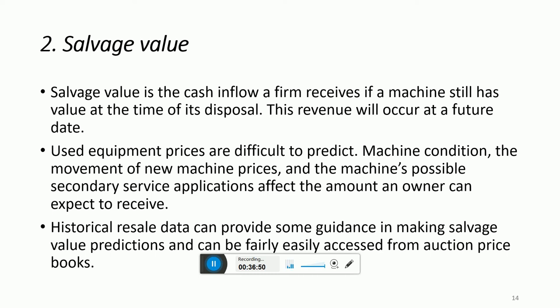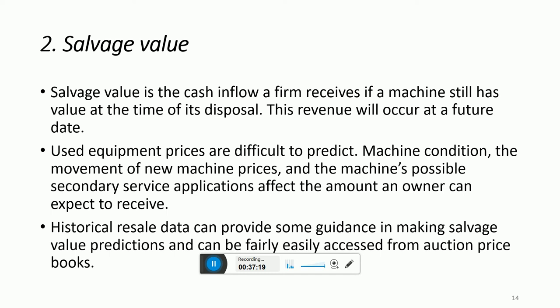Historical resale data can also provide some guidance in making salvage value predictions and can be fairly easily accessed from the auction price books. Every company has the auction price books or accounting details of how much they have sold the equipment for previously.